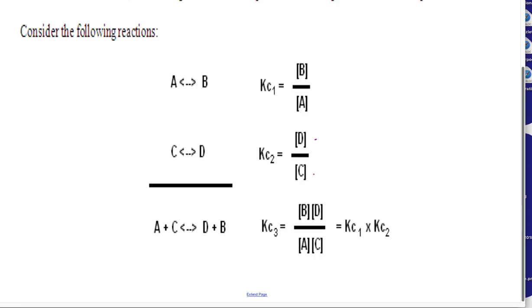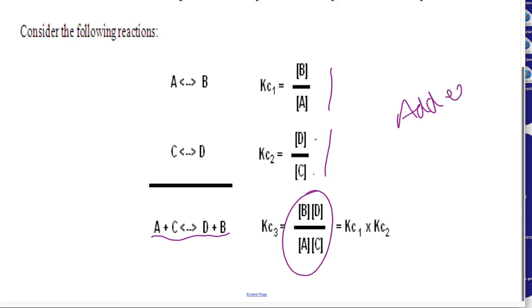When I add these two equations up, I get A plus C gives me D plus B, right? So let's write the expression from here. It would be BD over CA, correct? So what do I do to combine this and this to get this? I multiply them. So, long story short, when you add equations, you multiply their Ks.